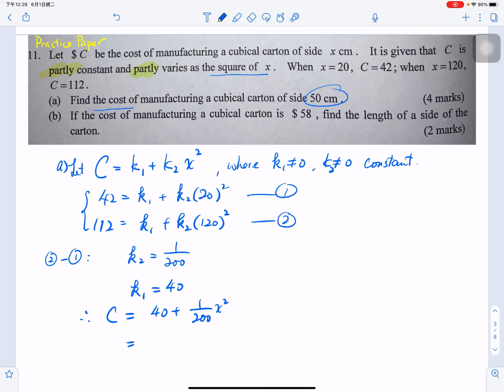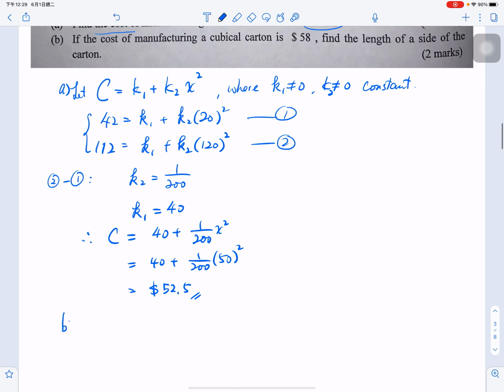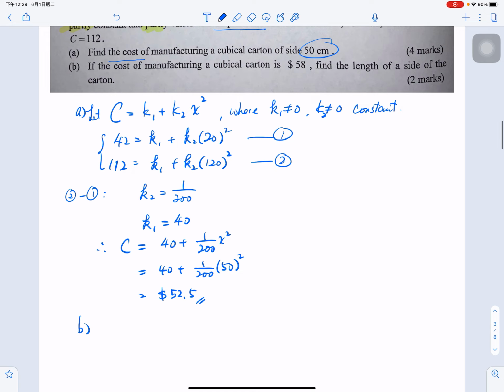So C equals 40 plus 1/200 times x squared. Now x is 50, so 50 squared. So what is C? You see that 52.5 is the answer. Part B. Let's have a look. Now if the cost of manufacturing a cubical carton is $58, that means C is $58.